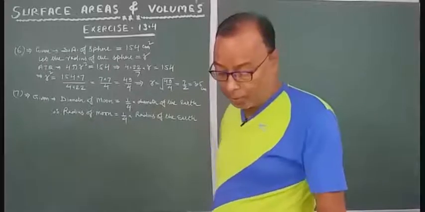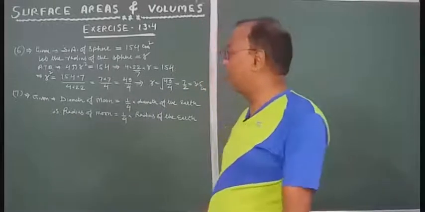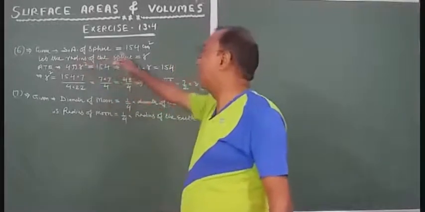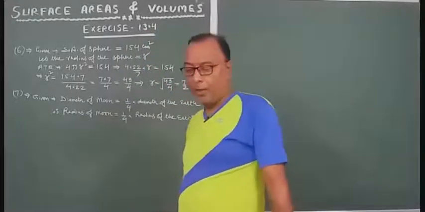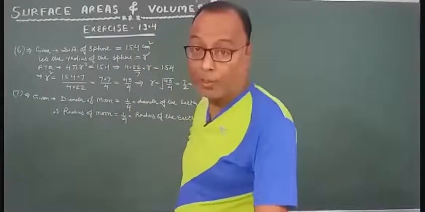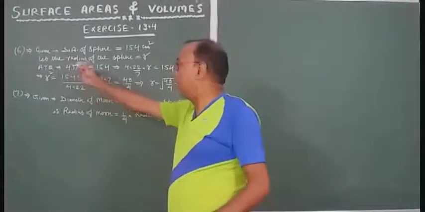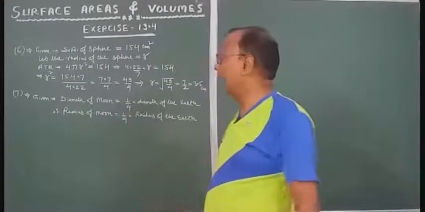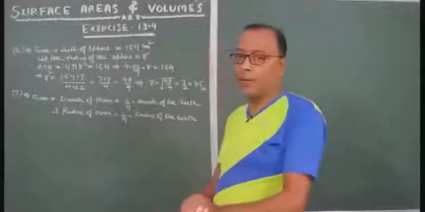Find the radius of a sphere whose surface area is 154 centimeter square. You are given the surface area of the sphere is 154 centimeter square, and we have to find the radius of the sphere. Let the radius of the sphere be small r. According to the question, the surface area of a sphere is given by 4 pi r square.